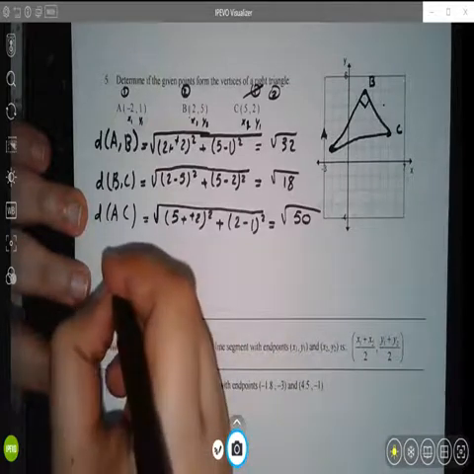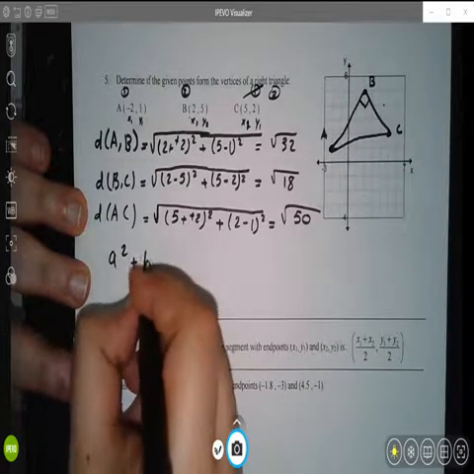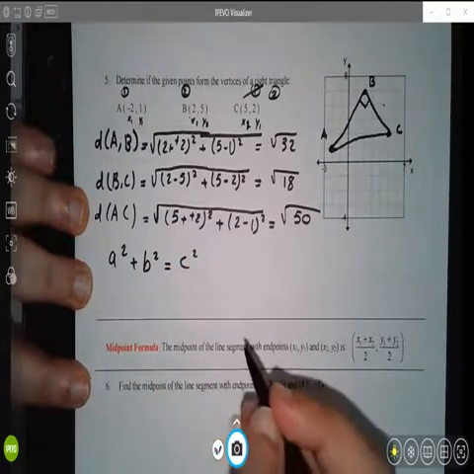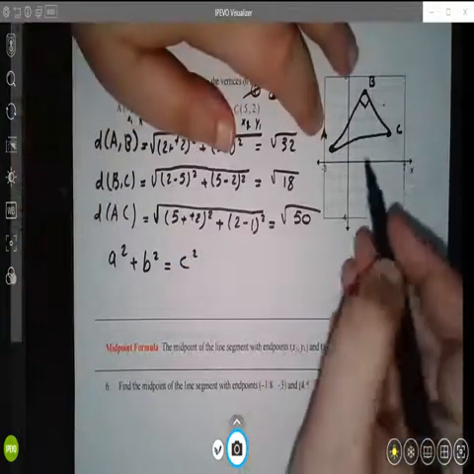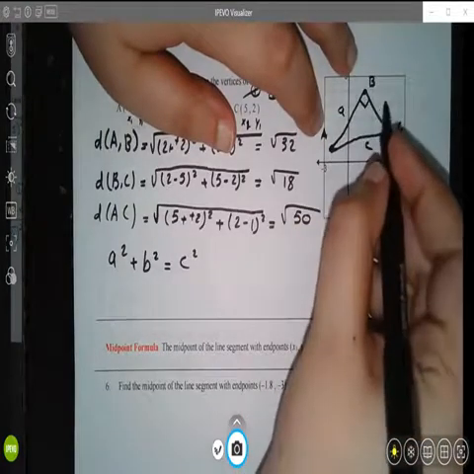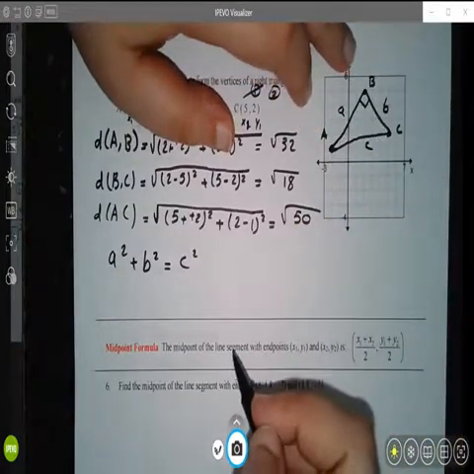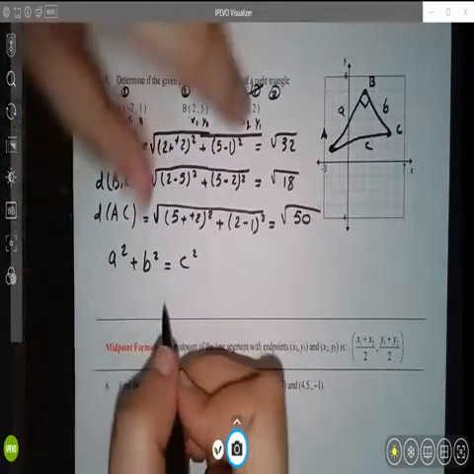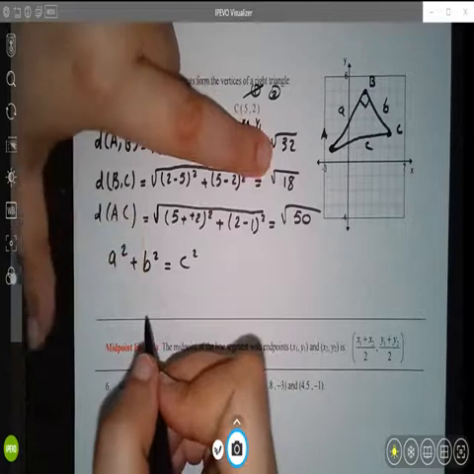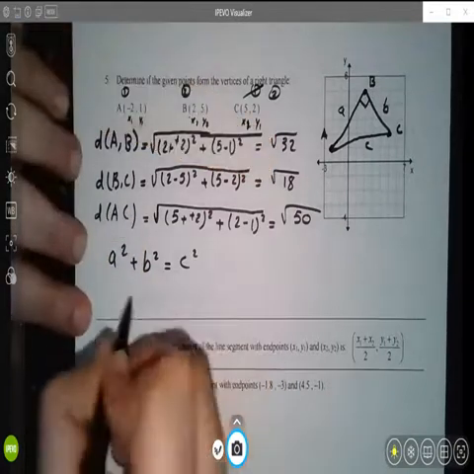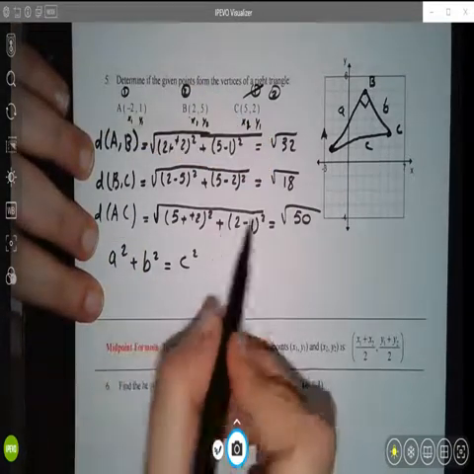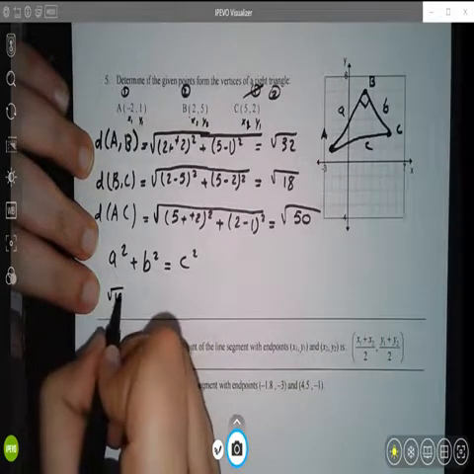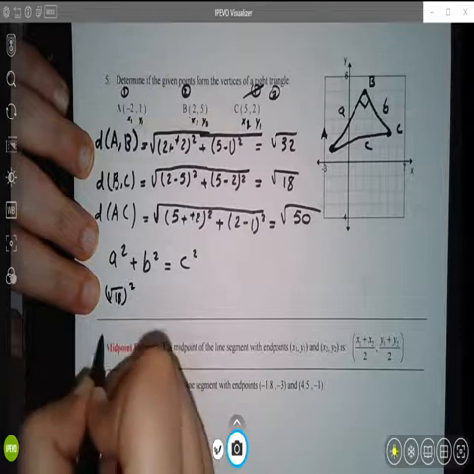Now we're going to use Pythagoras theorem, which is a squared plus b squared equals what? C squared, right? That's the idea. So this is my C. That's A and that's B. Okay. So that means I take these two and I'm going to square them. So a root squared, what happens to it?